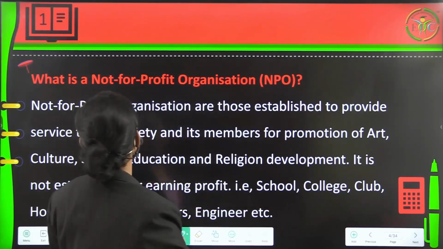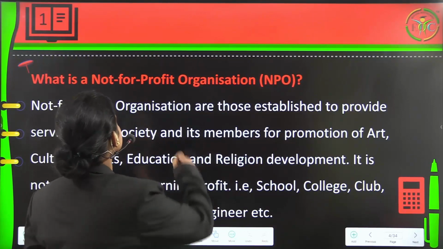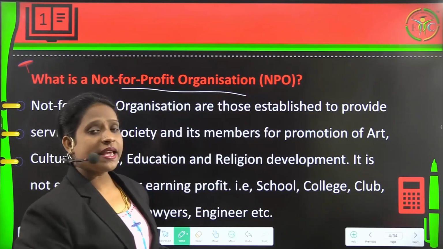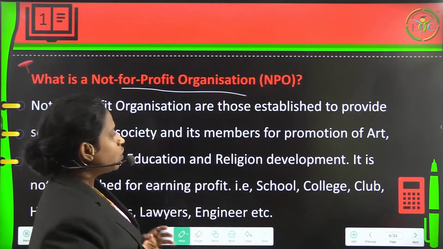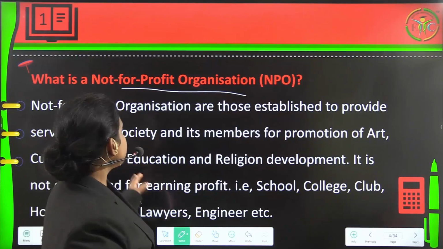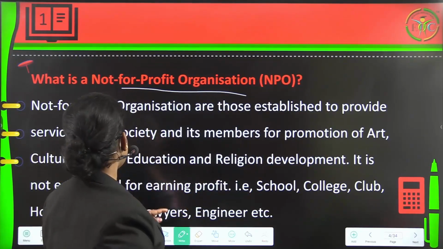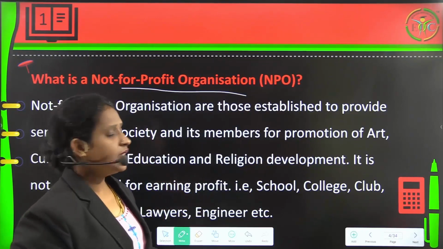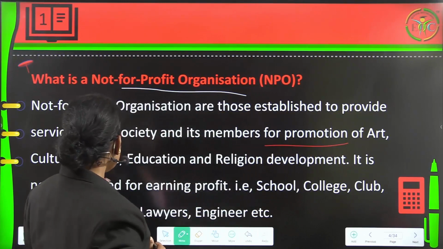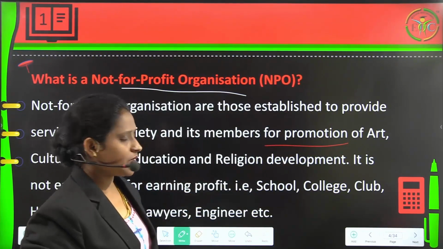Right? Firstly, we have to understand the basic concept, what is a not for profit organization, and we simply call it NPO. So let's discuss this concept. Not-for-profit organizations are those established to provide service to the society and its members for promotion of art, culture, sports, education and religion development.